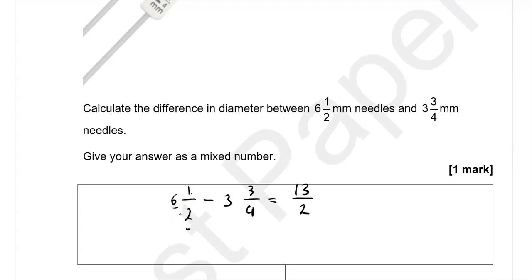So 13 halves. Taking away, 4 times 3 is 12, and the 3 is 15. 15/4. Now we've got to find the common denominator, which happens to be 4, because both 4 and 2 go into it.